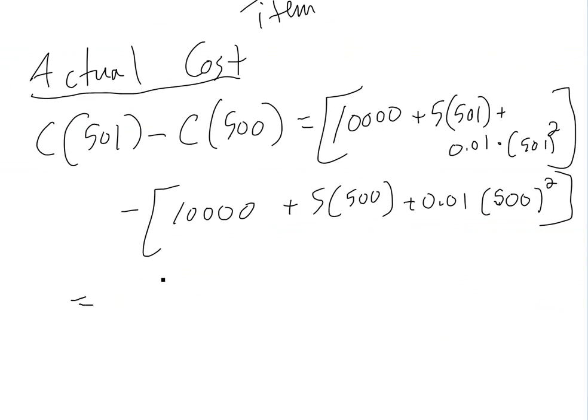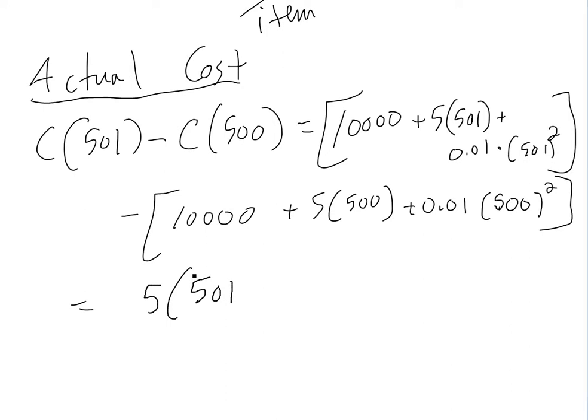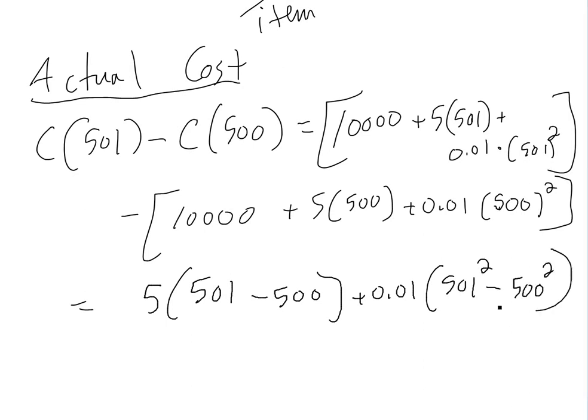If you plug in both, you get 10,000 plus this, minus the cost to produce 500 units, and the 10,000s cancel. You could collect the like terms. In this case, the 5 gives 5 times (501 minus 500), and then the like terms give 0.01 times (501 squared minus 500 squared).